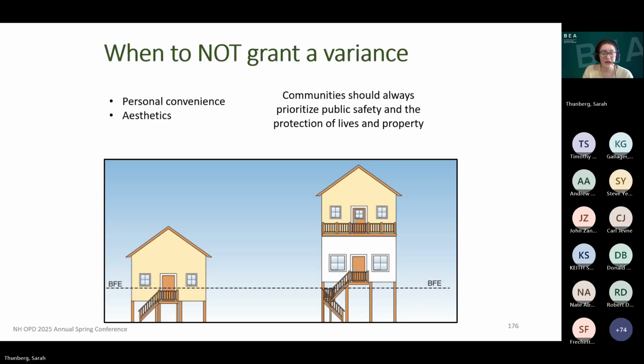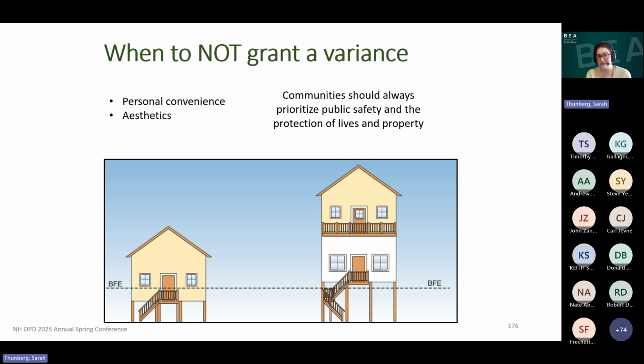I'm first going to start out with reasons to not grant a variance, because you might get applications for a variance based off of some of these reasons, which can include personal convenience or aesthetics. Say that a community or the homeowner doesn't have the money to fully raise a structure or bring the structure into compliance.